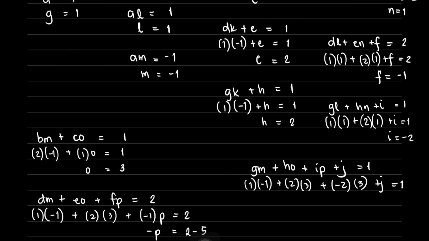So basically, 2 times 3 is 6, negative 2 times 3 is negative 6. So 6 minus 6 will cancel out. And then 1 times negative 1 is equal to negative 1. Transpose it to the right side, so J would be equal to 2.